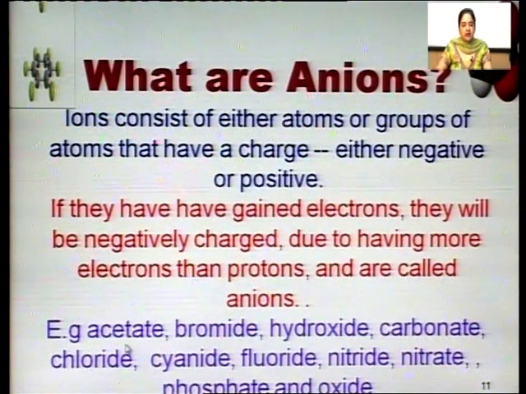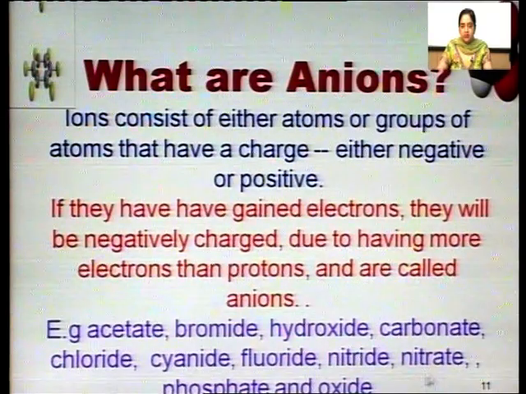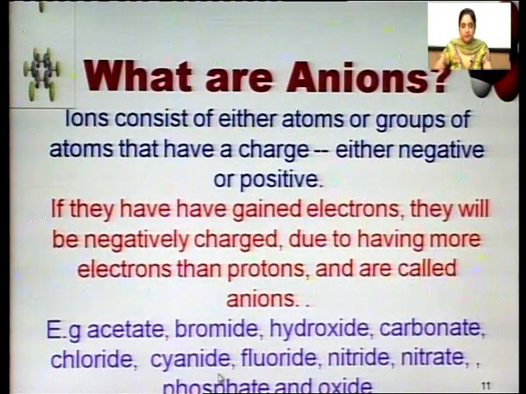Examples: acetate, bromide Br-1, hydroxide, carbonate, chloride, cyanide, fluoride, nitride, nitrate, phosphate and oxide. So, these all are anions.